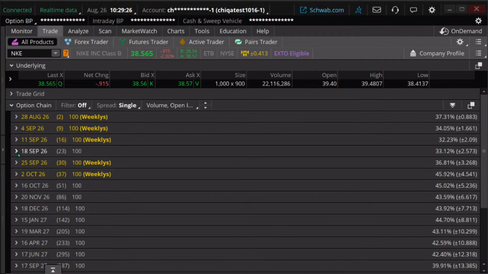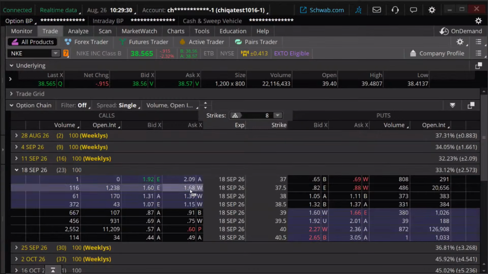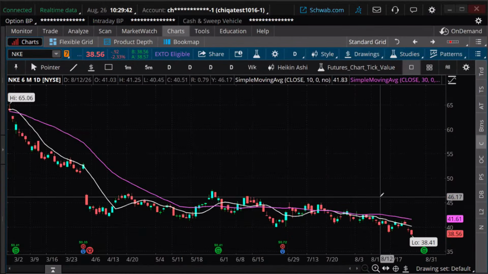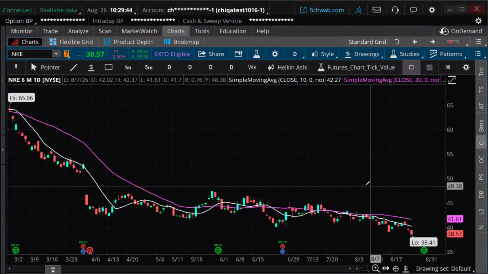I'm going to go to September 18th, and I'm going to do a bearish trade here because our trend is down, etc. Now I'm going to do a long put vertical, so I'm just going to reverse the long call vertical.